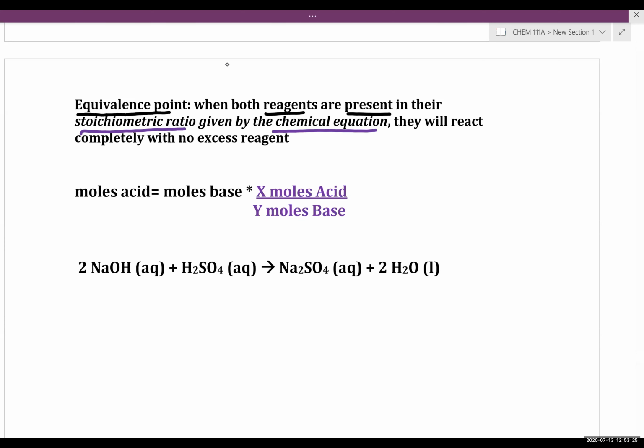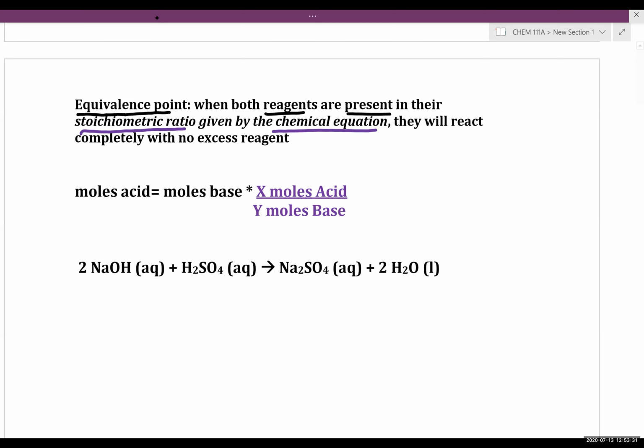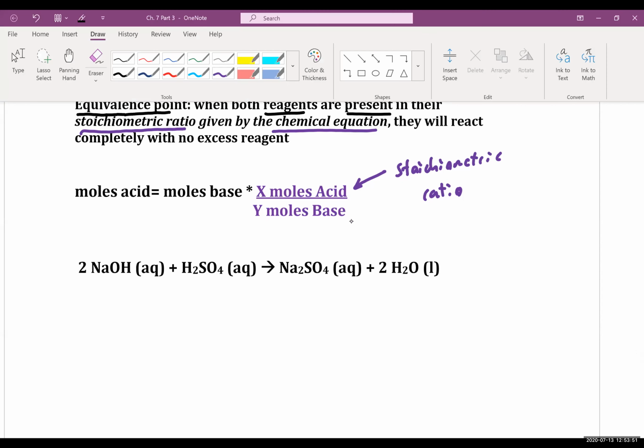For example, for an acid-base titration, the moles of acid would be equal to the moles of base times this little term here, our stoichiometric ratio. So at the equivalence point, the moles of acid are equal to the moles of base times the stoichiometric ratio of acid to base.